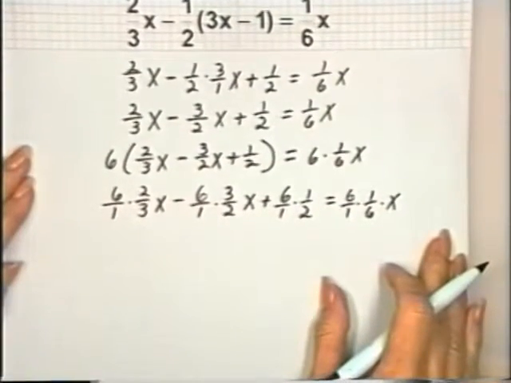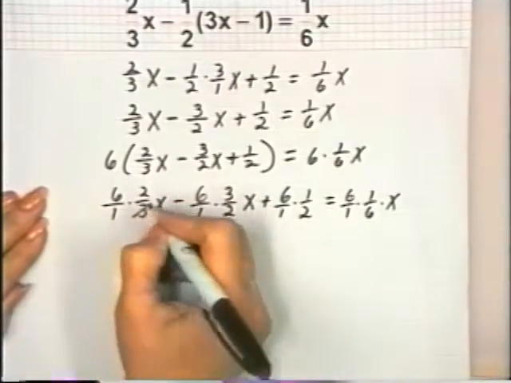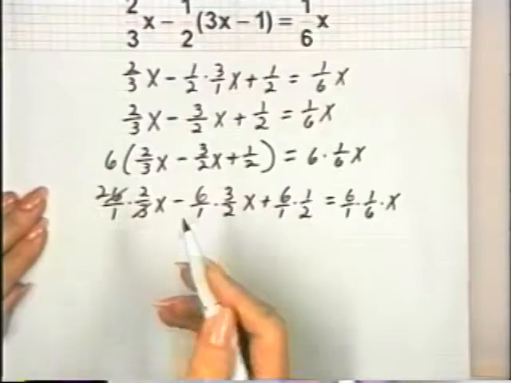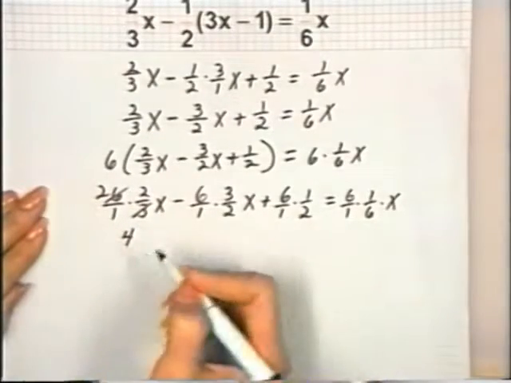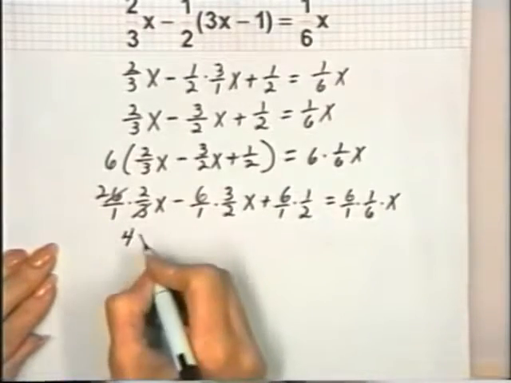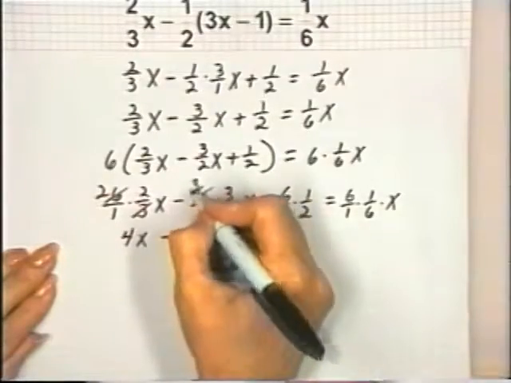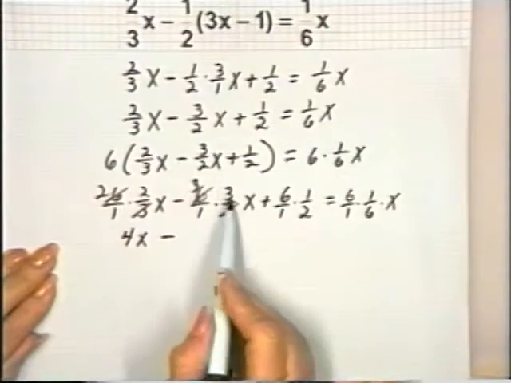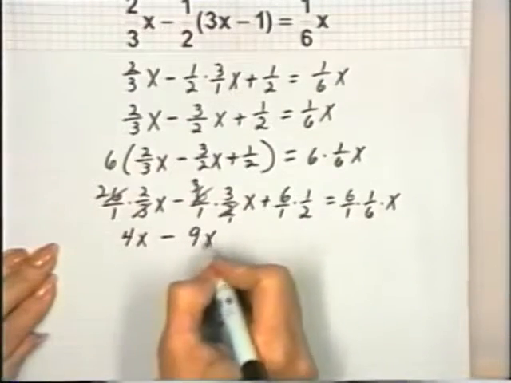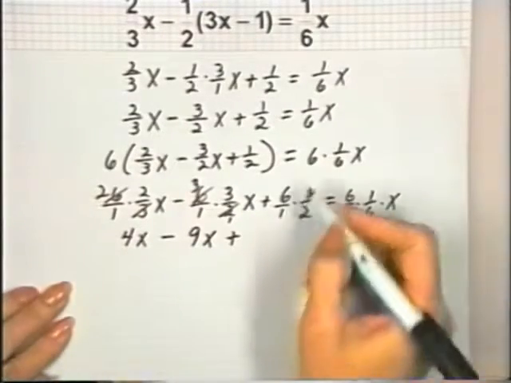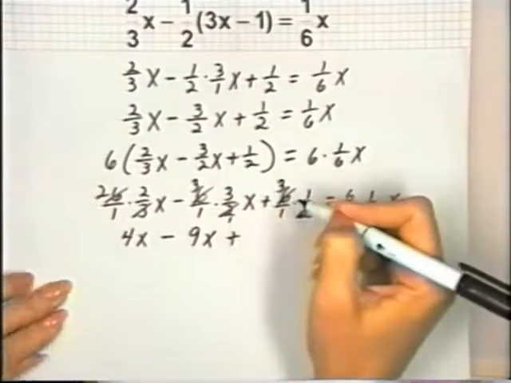Let's actually do the multiplication. 6/1 times 2/3. 3 goes into 3 once and into 6 twice. I am left with 2 times 2/1. 2 times 2 would give me the 4x minus 2 goes into 2 once and into 6 3 times. I am left with 3 times 3, which is 9, over 1, which would be 9x, plus 6/1 times 1/2. 2 goes into 2 once and into 6 3 times.